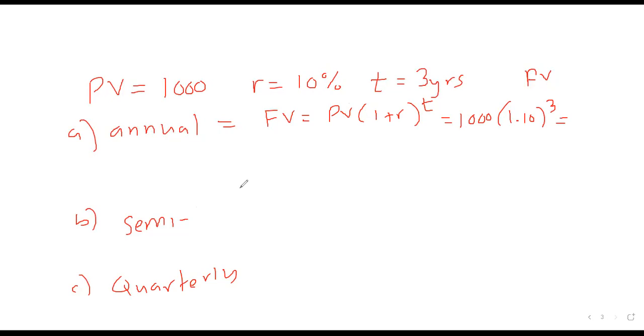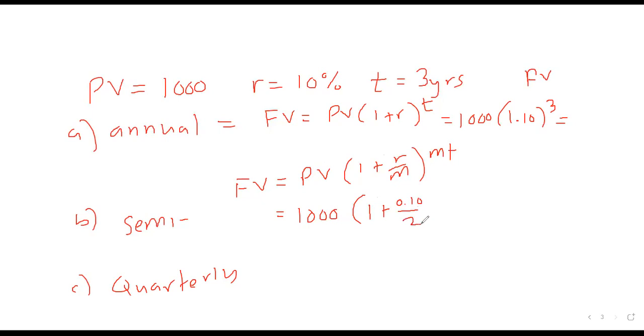If it's semi-annually, the formula will be slightly different. Each time we're compounding more than once, the rate is divided by the number of compoundings, and the time is multiplied by the number of compoundings. So this means we're going to have 1,000 here. We're going to have 1 plus the interest rate, which is 10%, which is 0.10, over semi means 2.